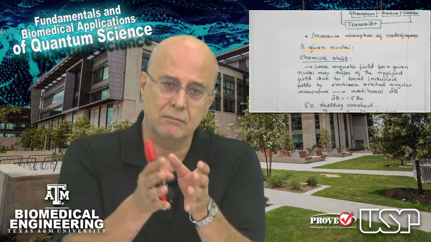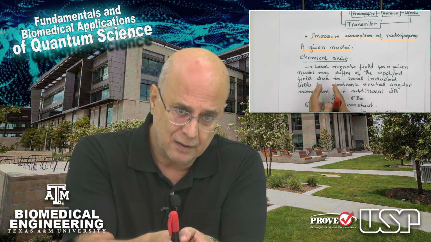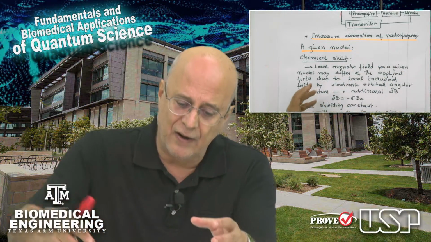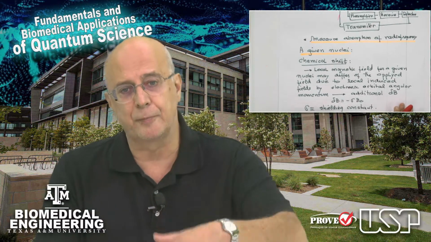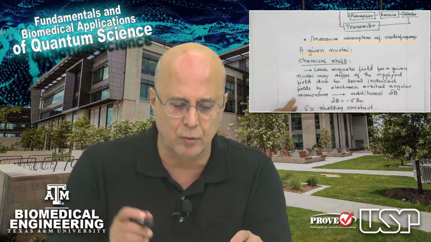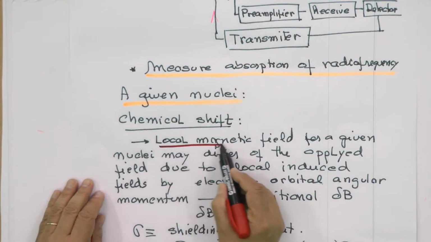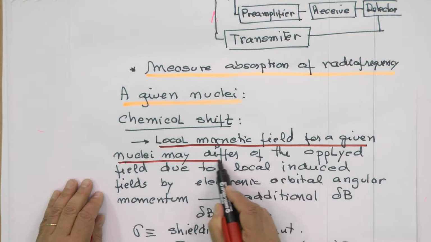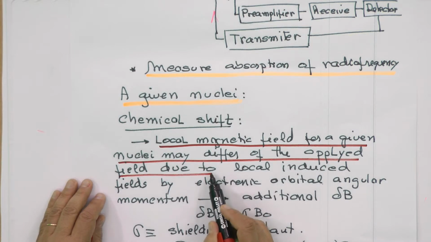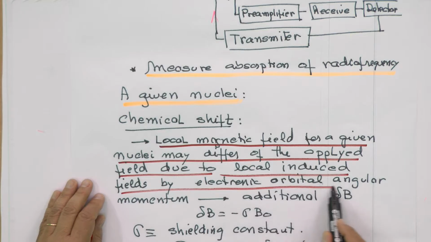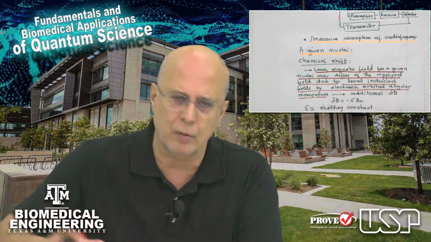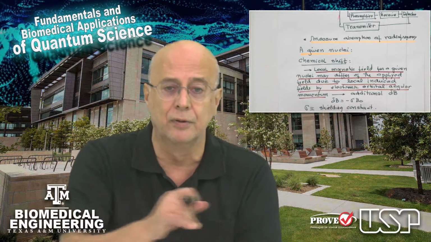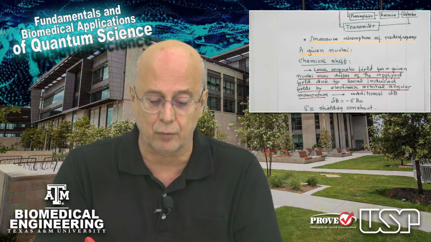So that nucleus, in its environment, has a specific frequency. Normally one type of spin will have a traditional frequency, the way I explained to you. But now, depending on the local field for a given nucleus, we have a locally induced electronic orbital momentum, due to the existence of many electrons that have orbital momentum, which contributes to the field, and they respond to the field in a different way.